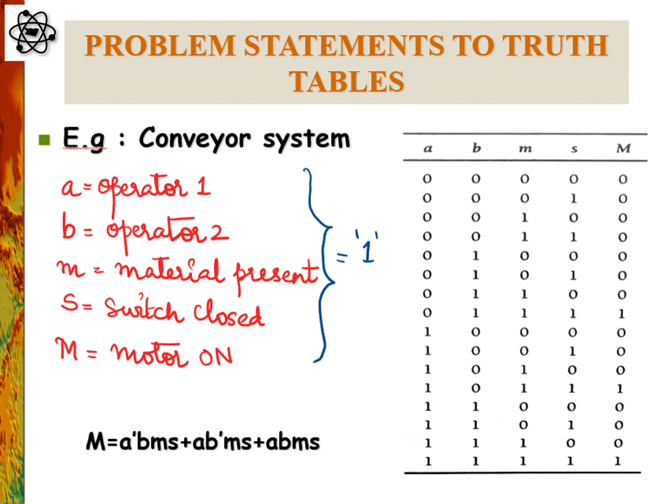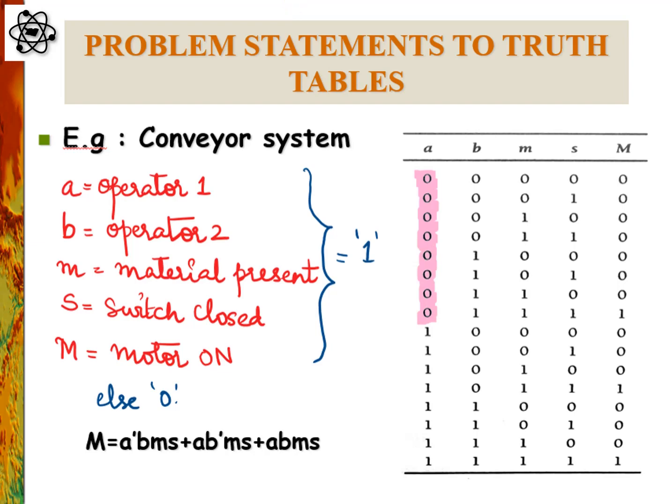Now all of these correspond to a binary 1. That means if operator 1, operator 2, material is present, switch is closed, and the motor is on, it corresponds to binary 1, else it is binary 0.